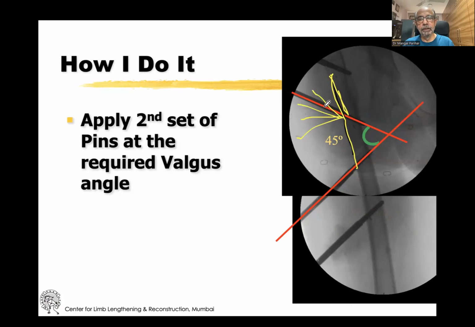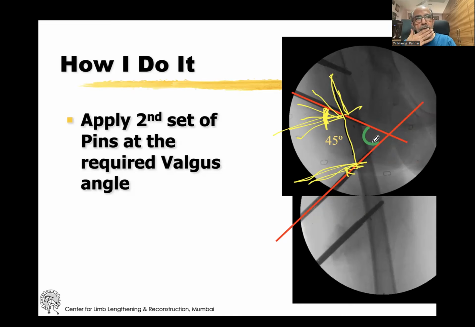Okay. So now I can measure the angle of this pin, which may be, let us say, 30 degrees to this point. And then I will make this angle also using that OHP, meaning I put a K wire, measure that angle, and then I know that, okay, my angle is appropriate.